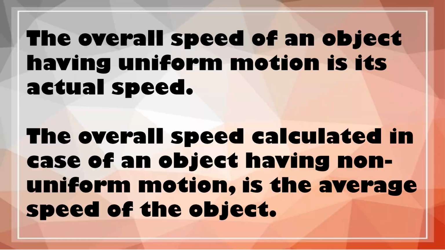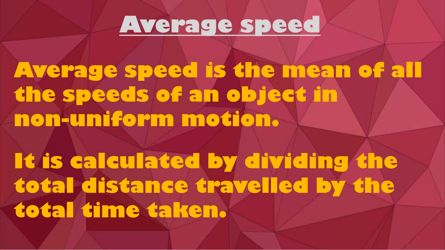The overall speed of an object having uniform motion is its actual speed, whereas the overall speed calculated in case of an object having non-uniform motion is the average speed of the object. Average speed is the mean or average of all the speeds of an object in a non-uniform motion.